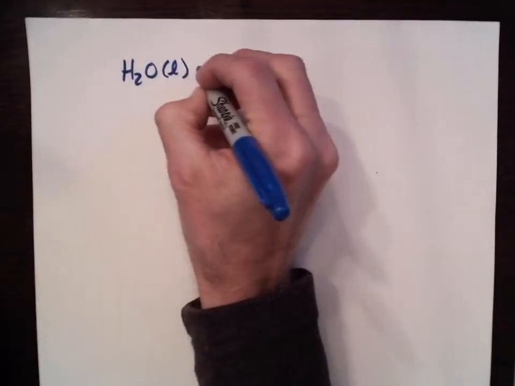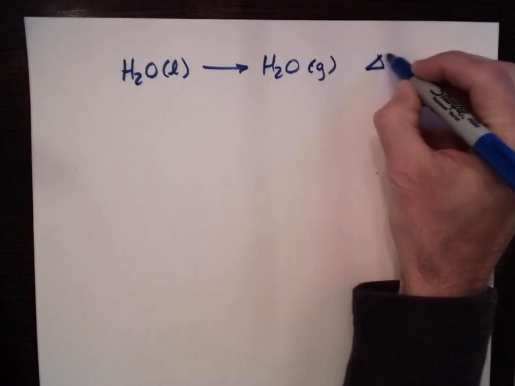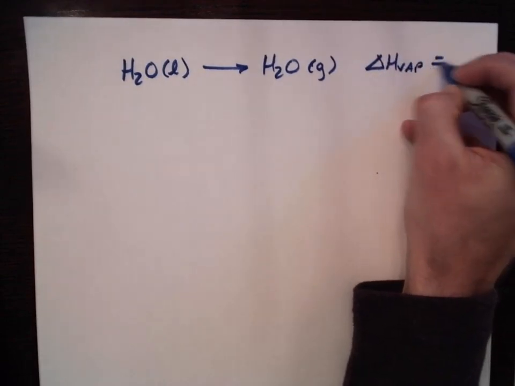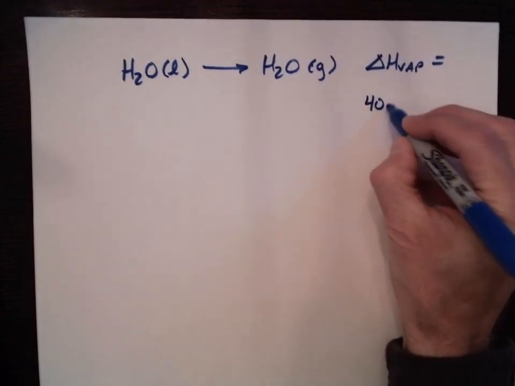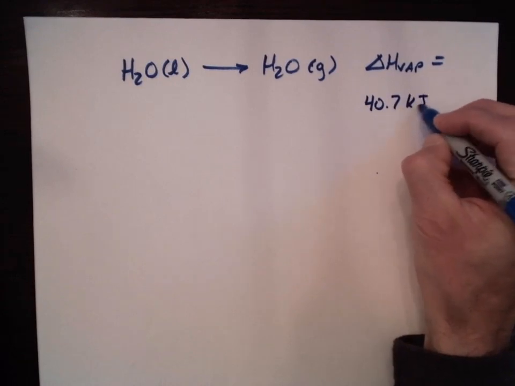Now for water, it turns out that the enthalpy of vaporization for water is 40.7 kilojoules per mole.